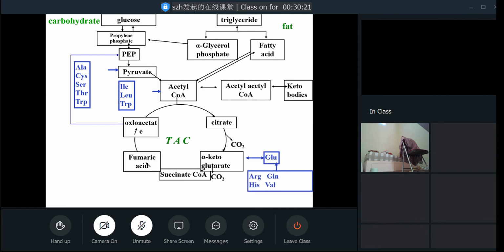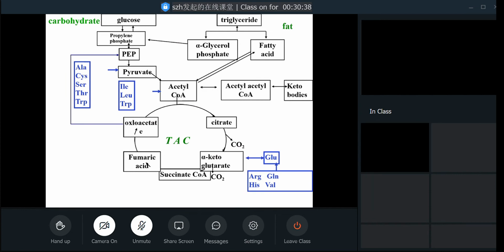So here you can see this PPT lists how all kinds of amino acids are oxidized thoroughly. You can see here the alanine, and so on.